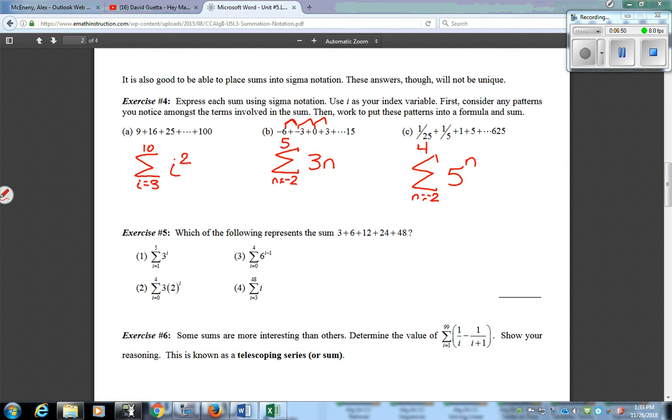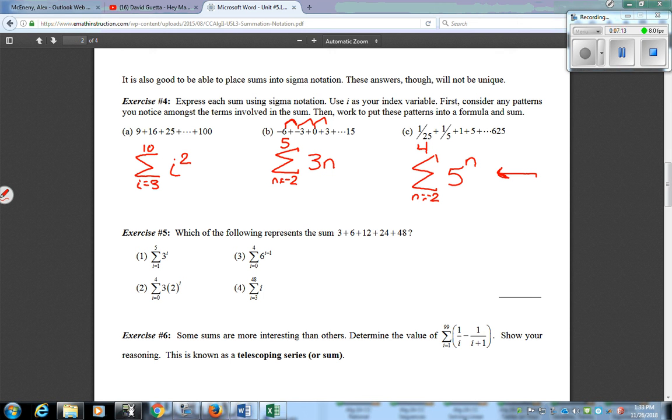So again, you want to make sure that each of these does make sense and that the starting value and then the ending value you can kind of figure out from the patterns you see. So I can use multiplication for this one because I'm seeing that change by 3. And this one is exponential because I'm seeing some repeated multiplication going on.